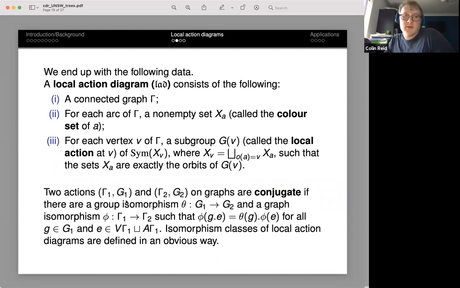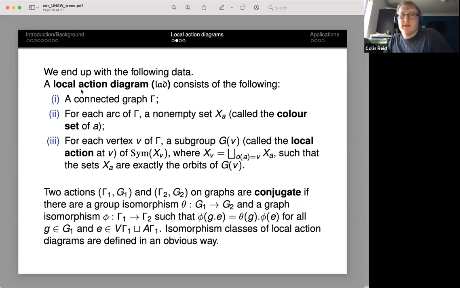So you can say two groups acting on graphs are conjugate if there's a graph isomorphism between the graphs that maps one group to the other in the obvious way. And similarly, you can define isomorphisms of local action diagrams. I don't want to spell out all the details, but you can guess what the definition will be.